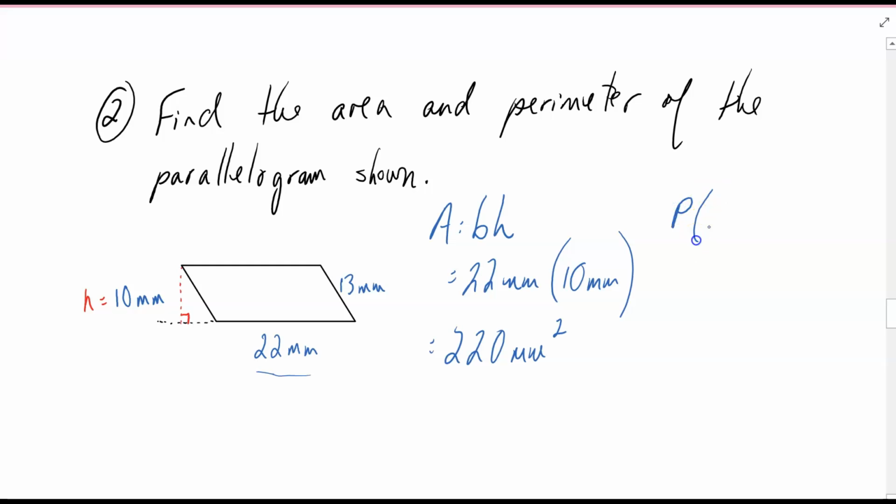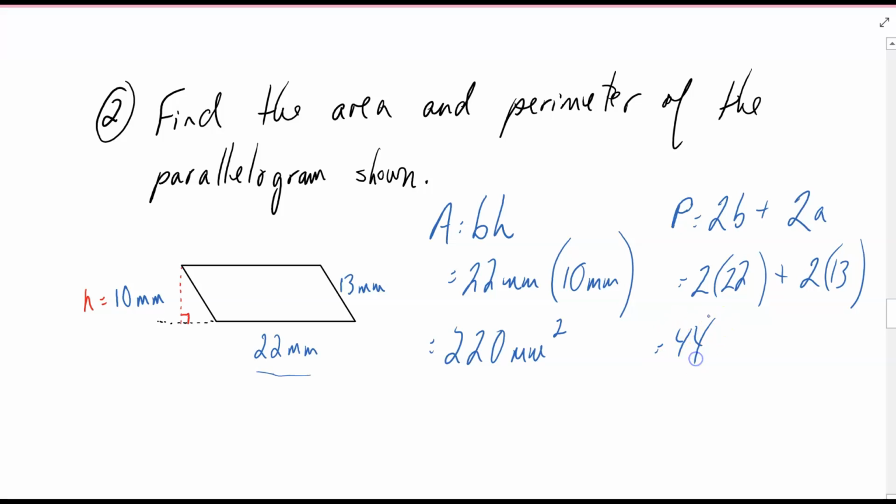The perimeter is equal to 2 times the bases plus 2 times the sides, which I think in the formula we call them A, right? So 2 times the 22 plus 2 times the 13s. So that gets us 44, and I kept the units out, but that would be millimeters, and 26 millimeters. And when we add those two together, 70 millimeters.